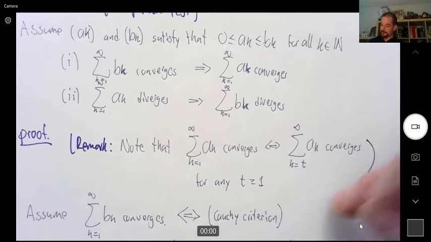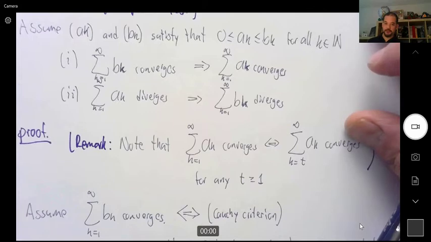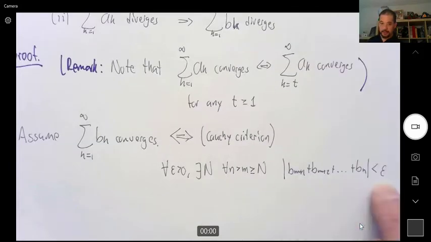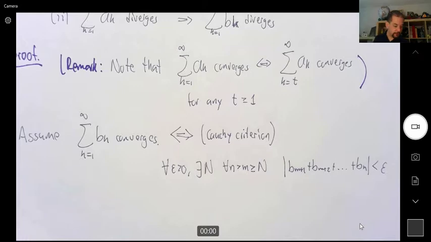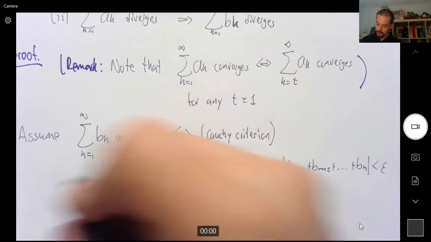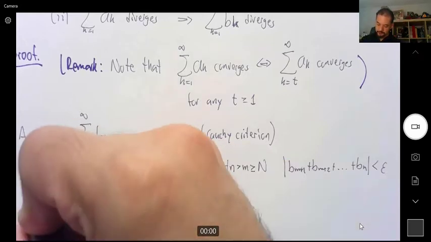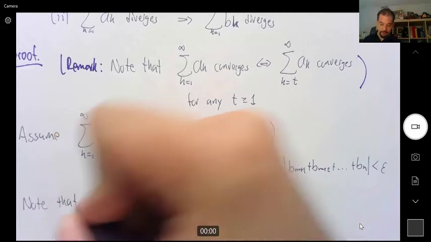So the first thing that you should notice is that we don't need absolute value bars here because all of these numbers are positive. So we're adding positive things. So we don't need the absolute value bars. We will get the same thing. So note that the following happens.